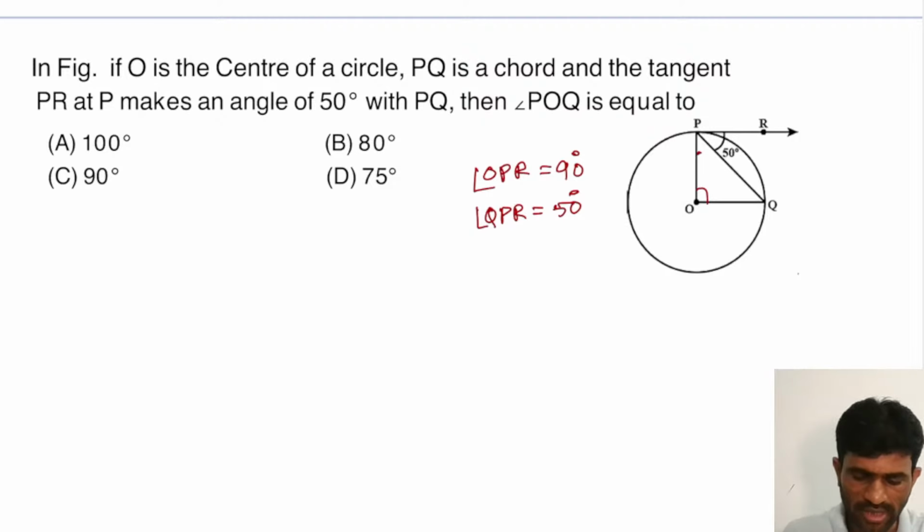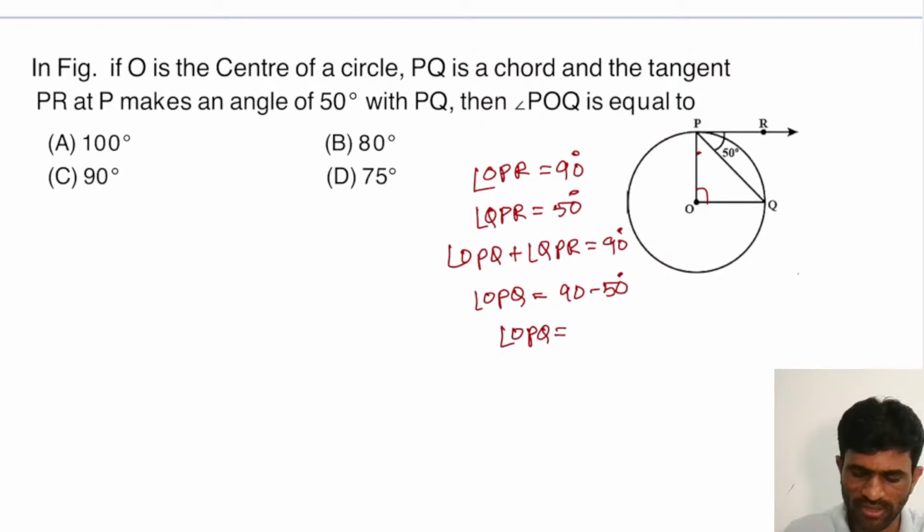Then what happens? Angle OPQ plus angle QPR is equal to 90 degrees. In this, QPR is already 50 degrees, so OPQ is equal to 90 minus 50. OPQ is equal to 40 degrees.